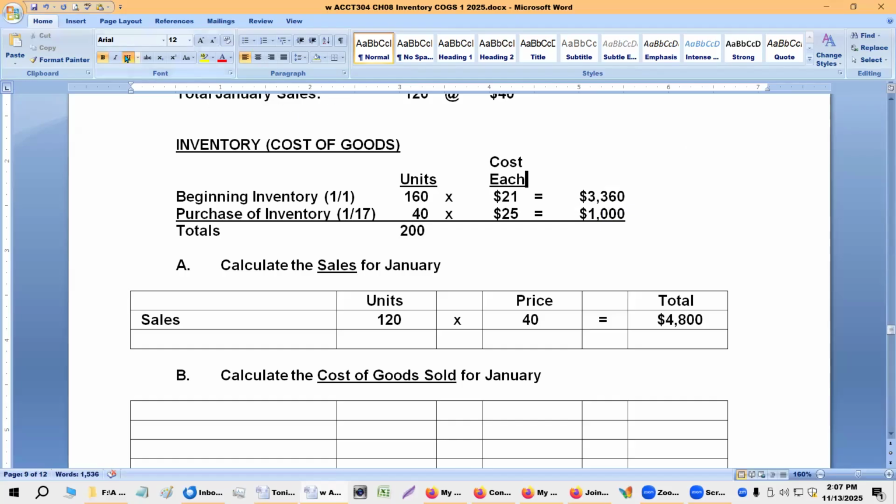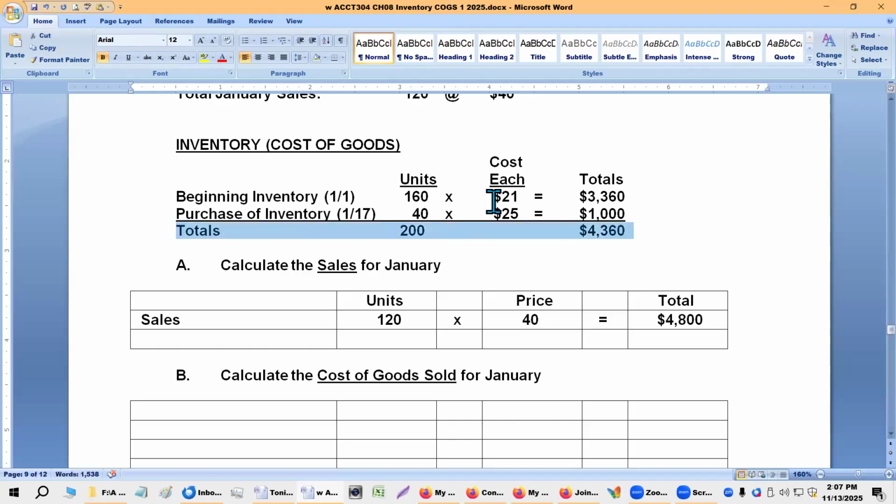So this will be $4,360. Okay, so this is what we want. Then we're going to use that for our average.